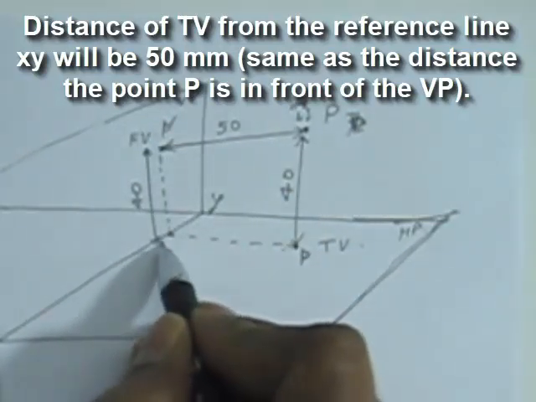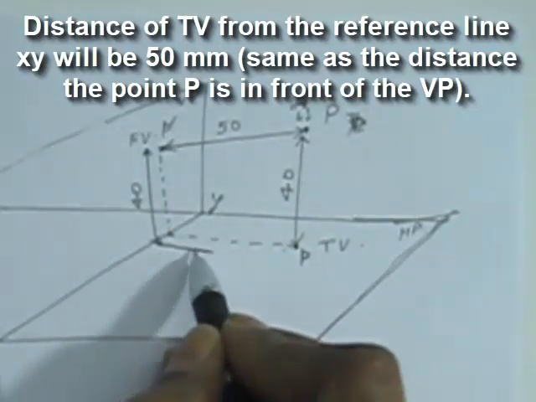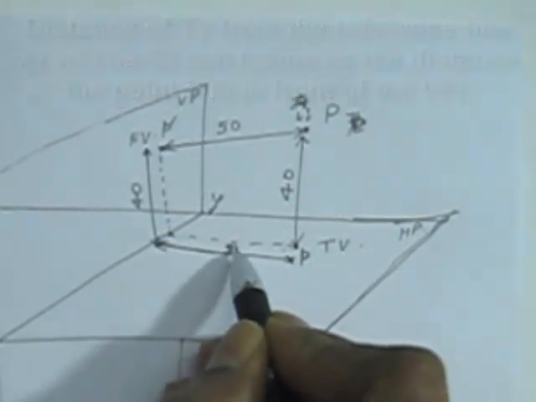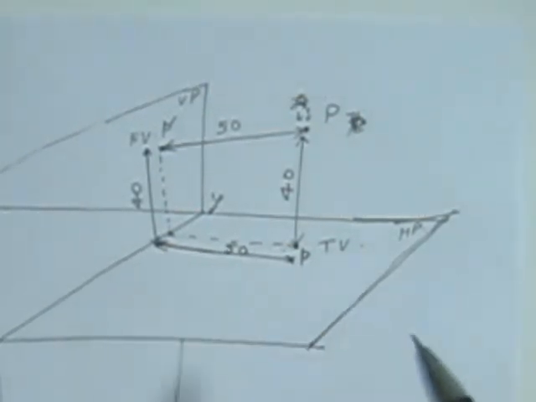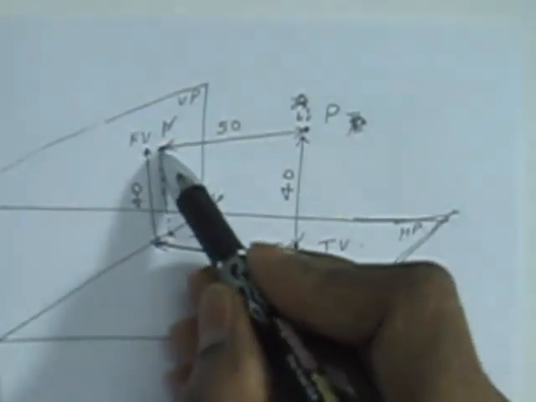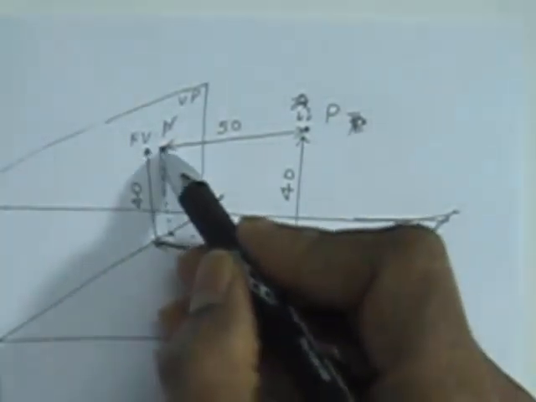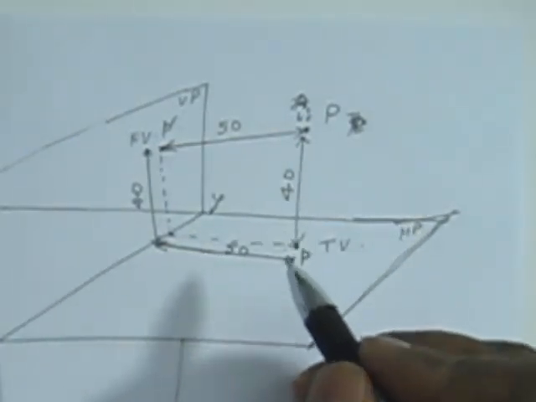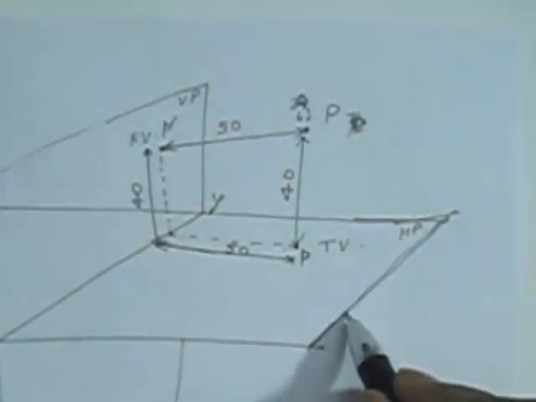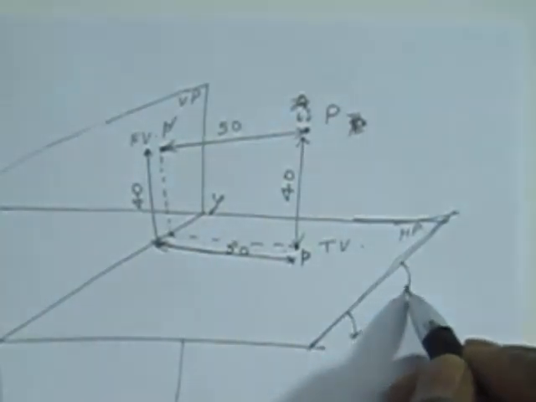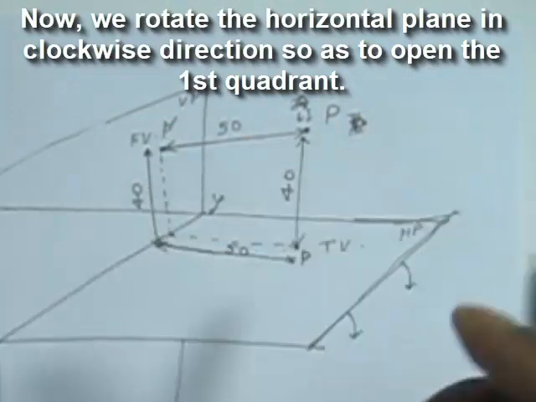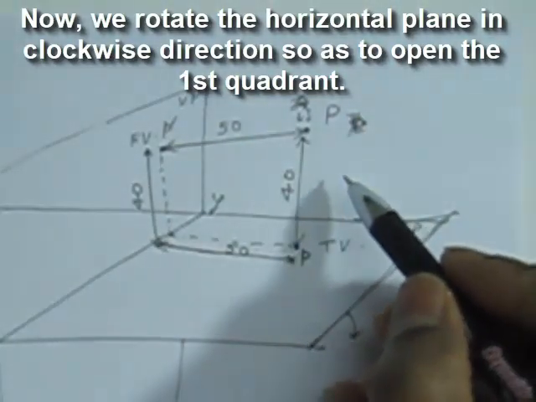This is because the point is 50 mm in front of the VP. So now we have made the projections of point P on the VP and the HP, the front view and the top view. So the HP will be rotated clockwise to make it 2D.